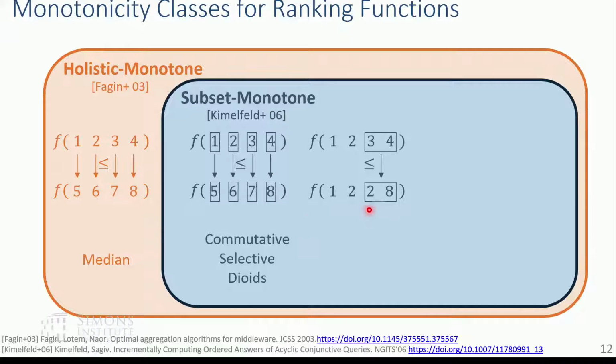For example, if you pick here 3 and 4, you can replace them with 2 and 8. Think about this in terms of the tropical semiring. Because 3 plus 4 is less than 2 plus 8, we can swap 3 and 4 with 2 and 8, and the inequality continues to hold. I call this subset monotonicity for this reason. It has been used in the past for ranked enumeration for conjunctive queries, in this paper from Benny and Joshua Sagiv in 2006. And it's essentially where dynamic programming lives and where we can do ranked enumeration.